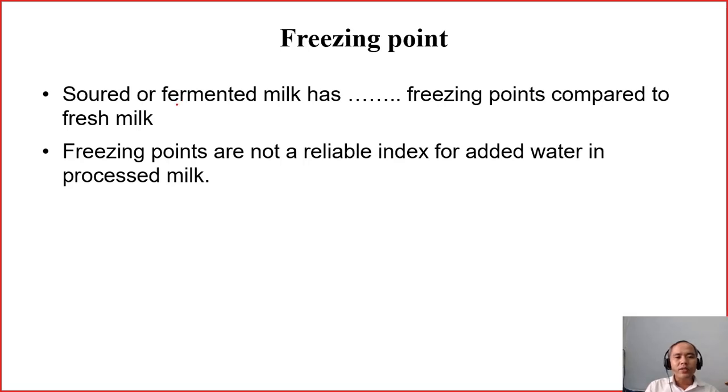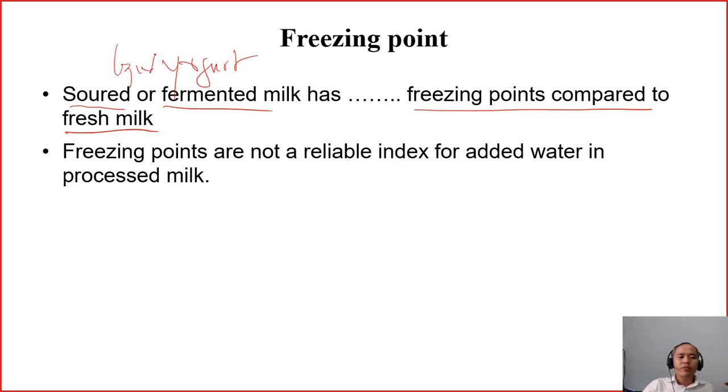Now, there's a question here. Soured or fermented milk has a lower or higher freezing point compared to fresh milk. What do you think? Fermented milk, like yogurt, for example, or some liquid yogurt, when it's still liquid, so you can observe easily. When you ferment milk into yogurt, then the freezing point is lower or higher?